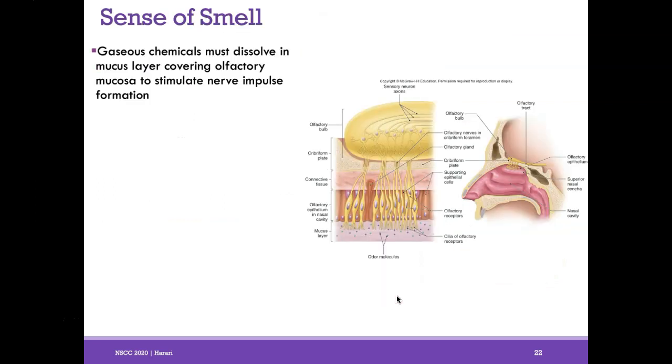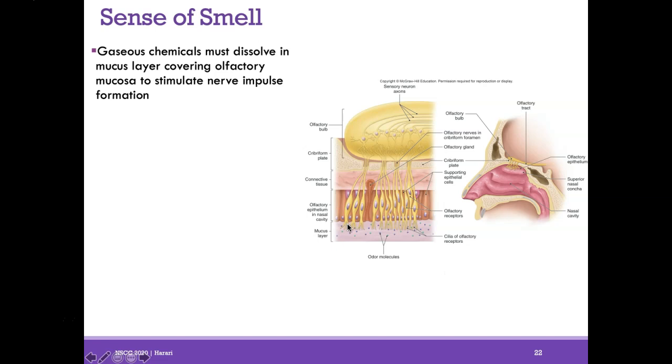So now let's talk about how the anatomy ties into the physiology and the actual sense of smell. So we said that chemicals that are dissolved in the air, so they're all odorants that are in the air already, they have to dissolve in the mucus layer first in order to stimulate these olfactory receptors.